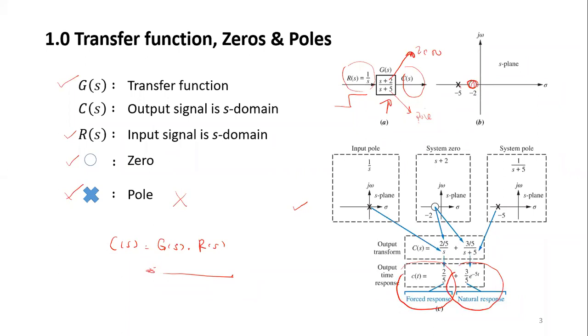We can solve this: (s plus 2) over (s plus 5), multiplied by 1 over S, and we use partial fractions to find the terms.